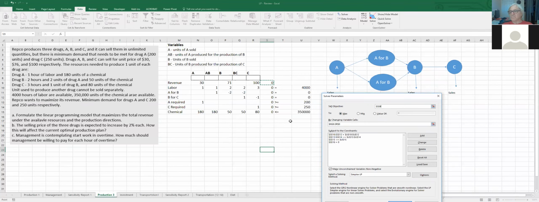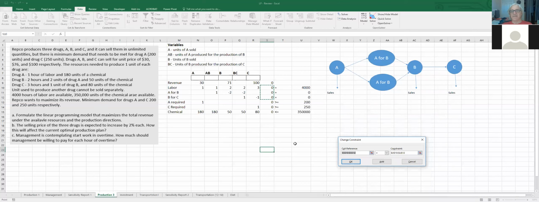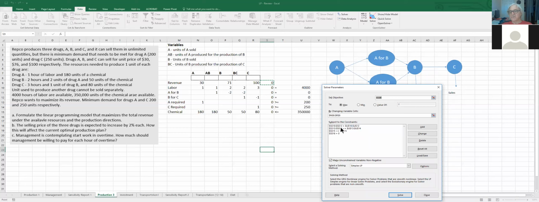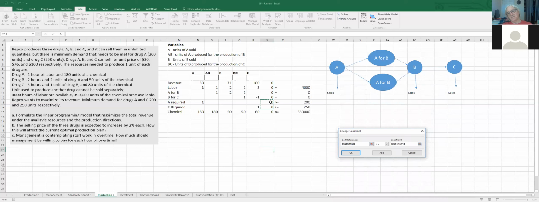So I'll do it this way. I'll check these constraints, see where it is. Not going to change anything. Okay, so the first 3 sum products are equal to the first 3 right-hand sides. And this is what this constraint is telling me. There is no change. Constraint number 2 is the next two constraints on the right-hand side greater than or equal to these two right-hand sides.